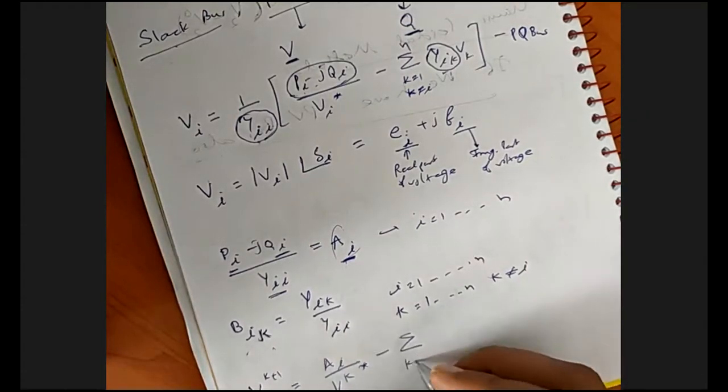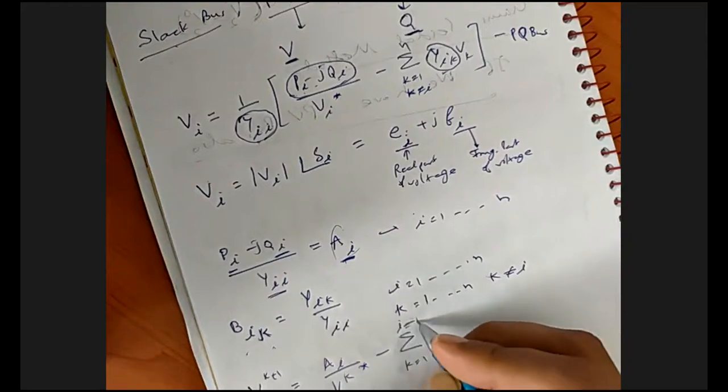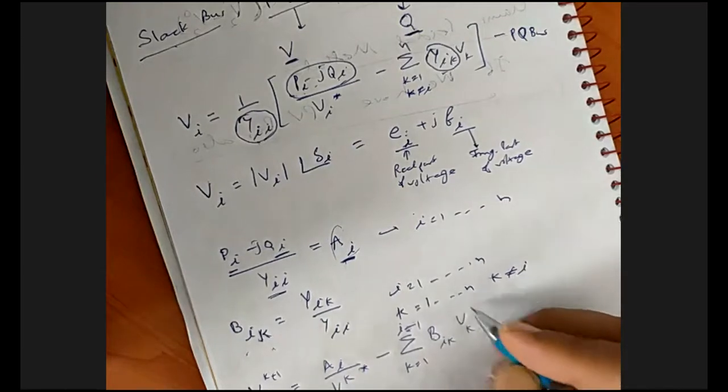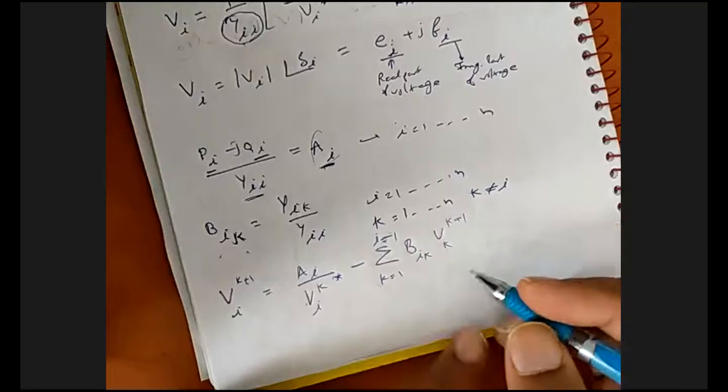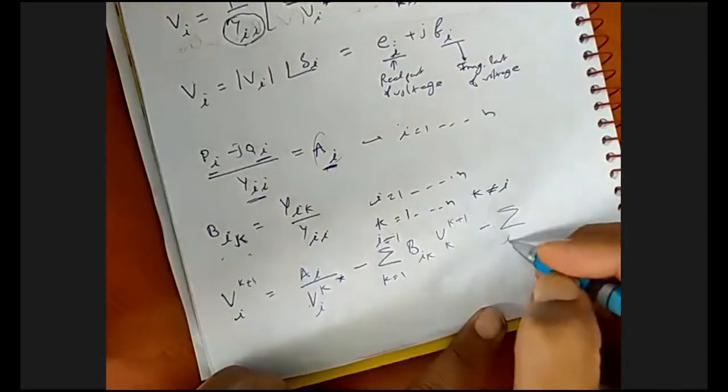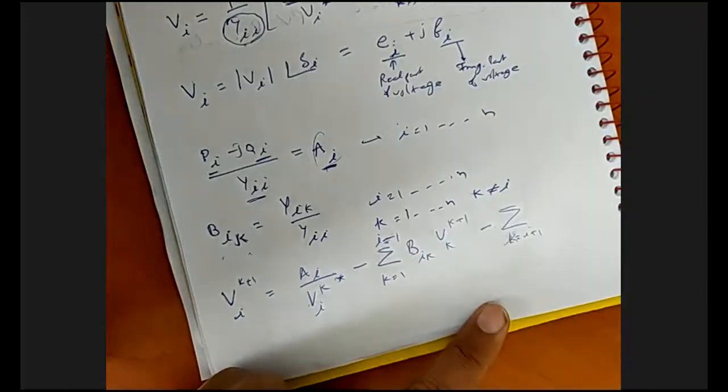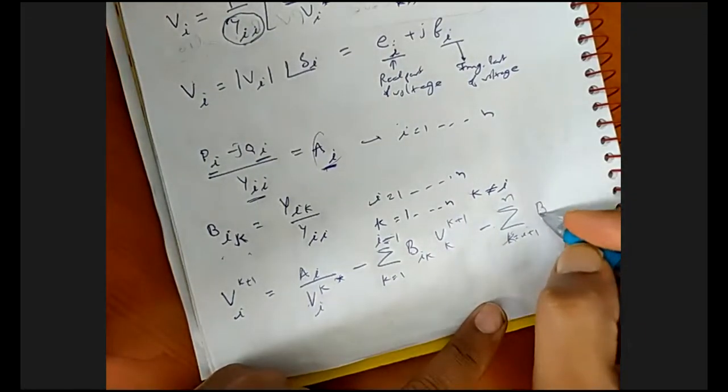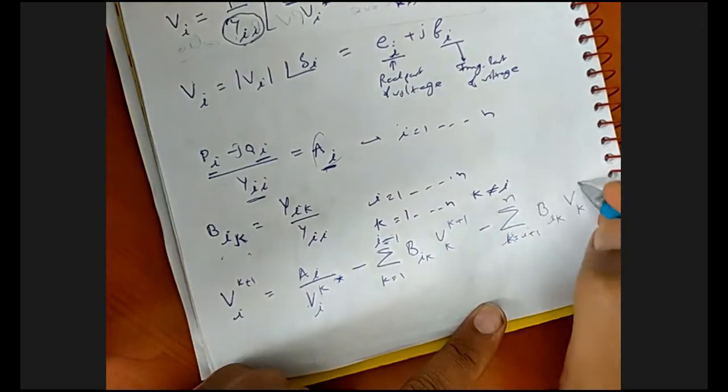Because these are fixed quantities, your equation will reduce to Vi at iteration k plus 1 equal to Ai upon Vi k star, minus summation k equal to 1 to i minus 1 Bik Vk at k plus 1, minus summation k equal to i plus 1 to n Bik Vk at k.